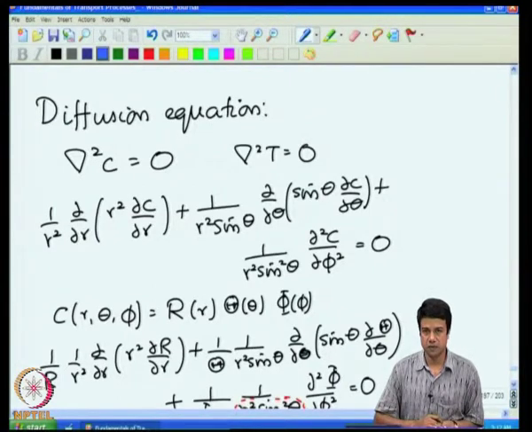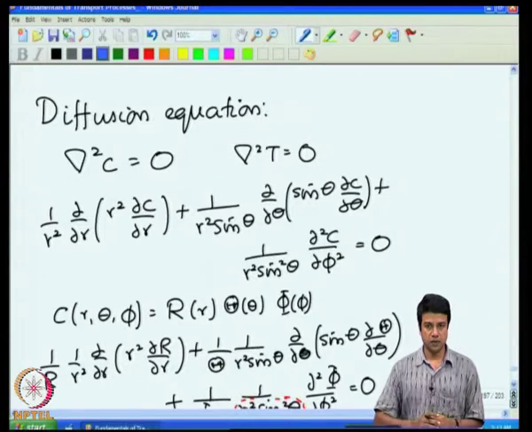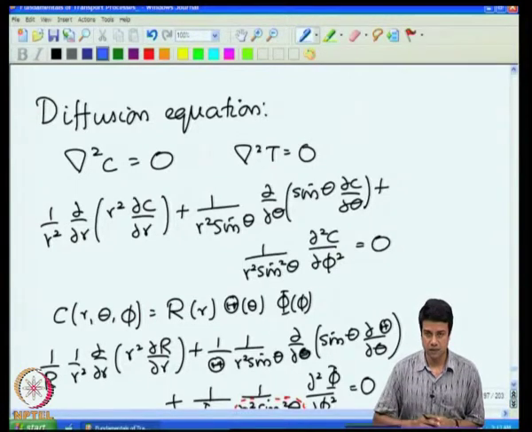We had previously solved it in a Cartesian coordinate system for the particular case of the diffusion in a cubic solid. In that case, we had homogeneous boundary conditions in one coordinate and inhomogeneous boundary conditions in the other coordinate, and I showed you how to get solutions in the form of basis functions, sine and cosine functions in the coordinate which is homogeneous.